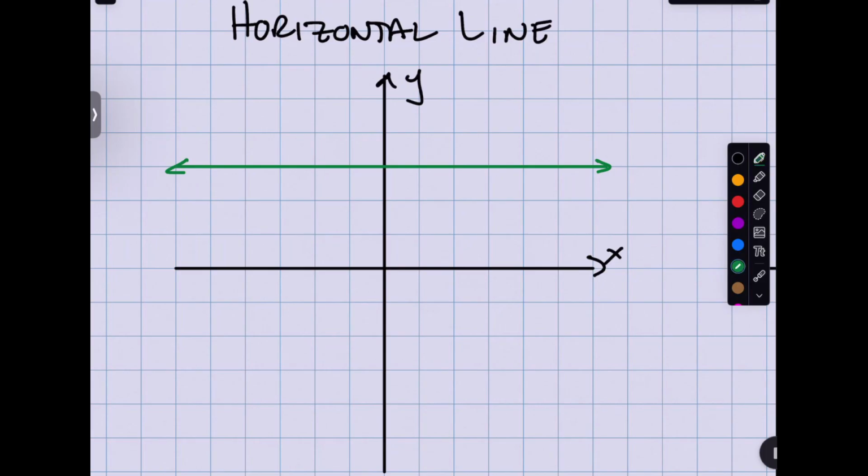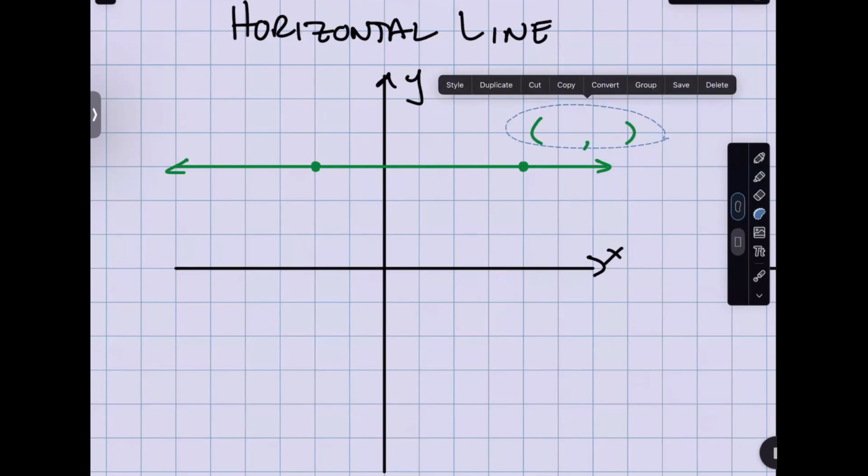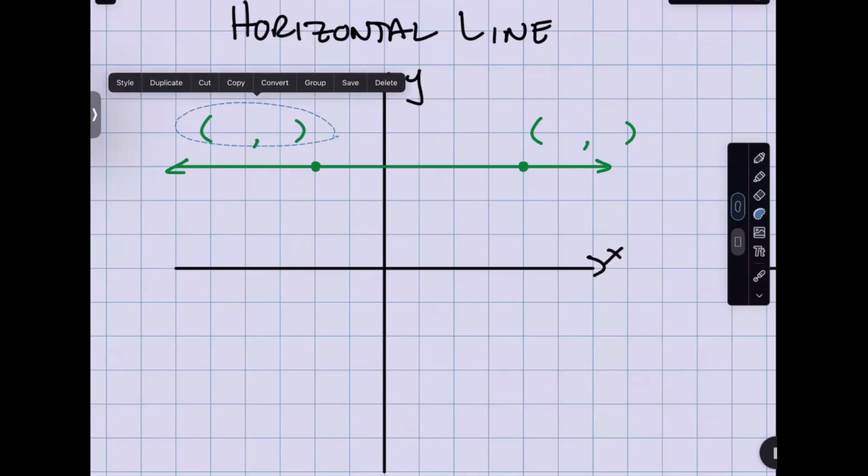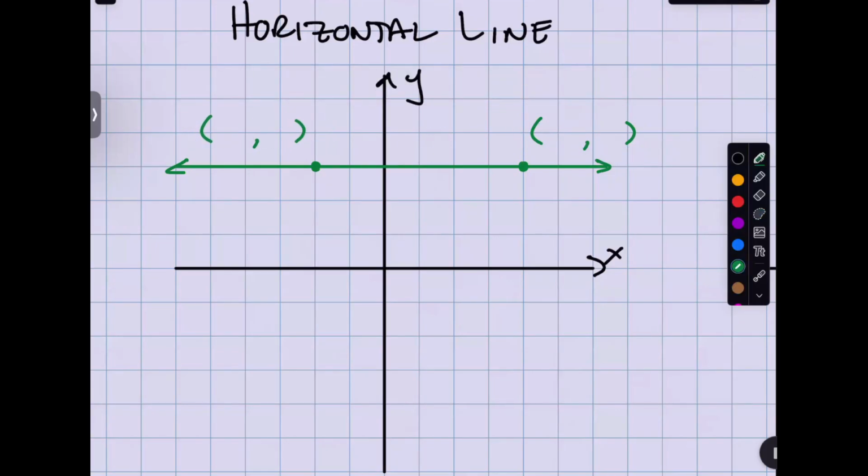So let's plot 2 points here. Let's take this point right here and this point right here. Let's name these 2 points. Okay? So if you were to name these 2 points, what would those points be? What's the one on the left? -2, 3.